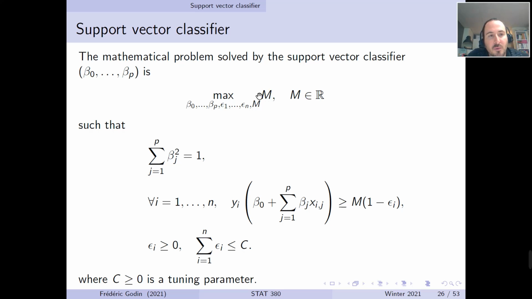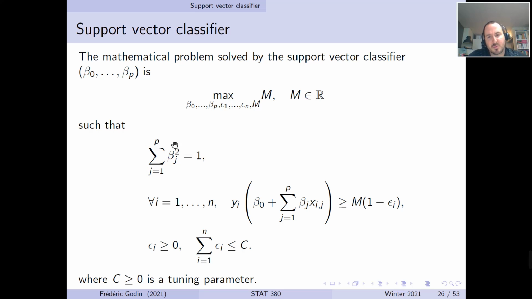We want to maximize m, the distance between the hyperplane and observations, such that, first, the sum of squared betas is equal to 1. This unit norm is imposed first to preclude having m arbitrarily large through simply scaling the betas, so as to ensure the problem is well posed.